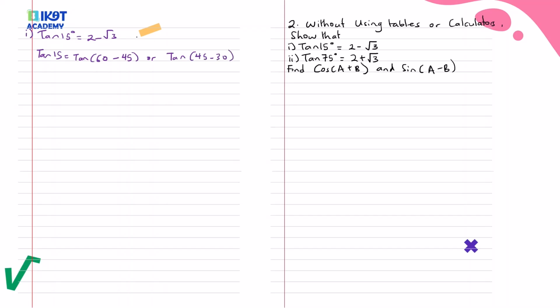So you can choose any of the two. Now I'm going to choose tan 15 to be equal to tan 60 minus 45. So I can expand this to be tan 60 minus tan 45 out of 1 plus tan 60 tan 45. You see?